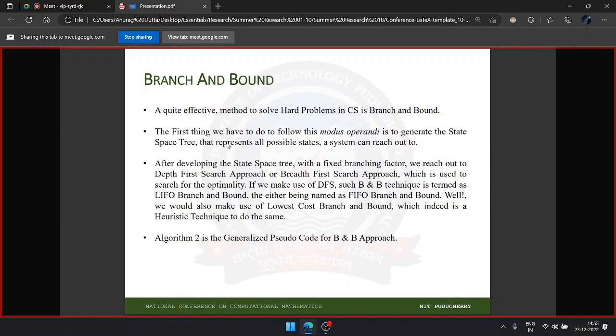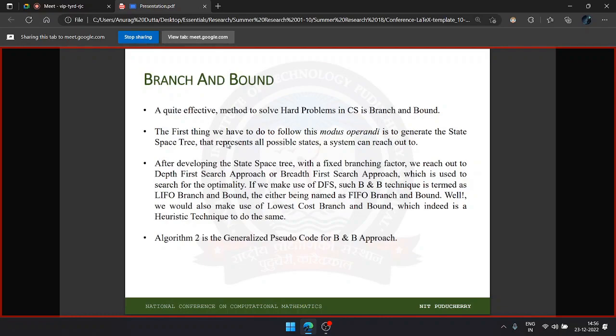Moving forward, this is about the branch and bound solution, a quite effective method to solve hard problems in CS. The first thing we will have to do to follow this solution is to generate the state space tree. Now, what is the state space tree? In CS, a state space tree is basically a tree representation of a particular state, that is, the possible states that one particular state can reach.